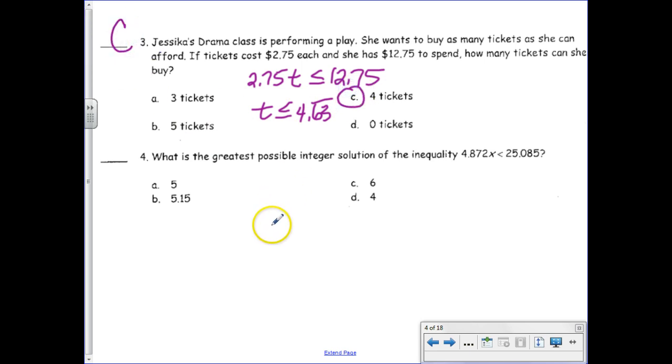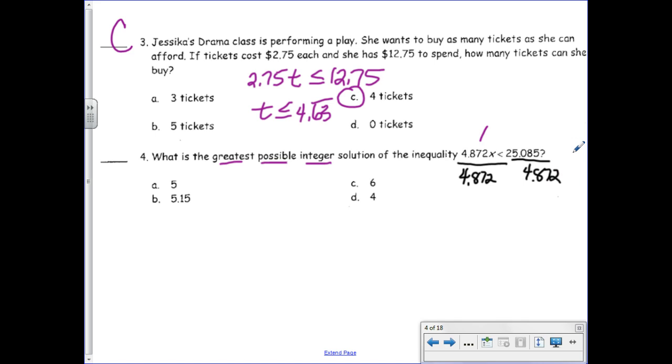Number 4. Ooh, I like the way this is worded. What is the greatest possible integer solution of this inequality? Now first, I would probably solve it and see what you get. So grab your calculator first, because when you divide, these are really nasty decimals, so we're going to get some complicated answers here.